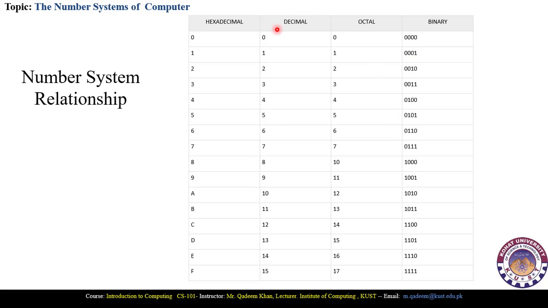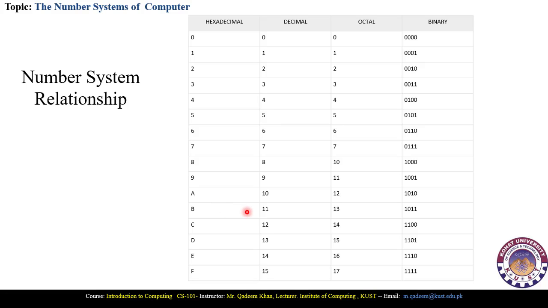But in the case of hexadecimals, when we exceed 9, the 10th value will be A, B, C, D, E, and F. F represents 15, E is equivalent to 14 of the decimals, D is equal to 13, C is equal to 12, and B is equal to 11 of the decimal number system.